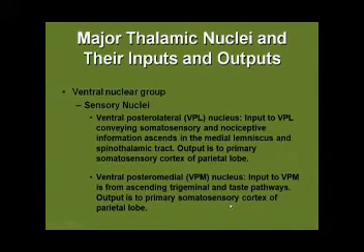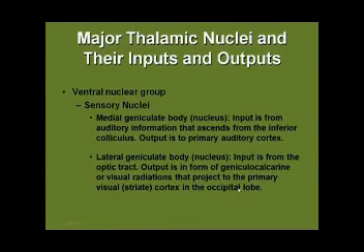VPM is the cranial nerve equivalent of that, relaying general sensation from the trigeminal territories to conscious levels of cortex, as well as being the taste relay for solitary nucleus input that is also conveyed to a similar cortical area. And then, again, the geniculate bodies, we don't need to repeat it. We simply need to remember that the medial geniculate is music, therefore auditory, and the lateral geniculate body is relaying light, visual information out of the thalamus back up to primary visual cortex, which is in the medial aspect of each temporal lobe.